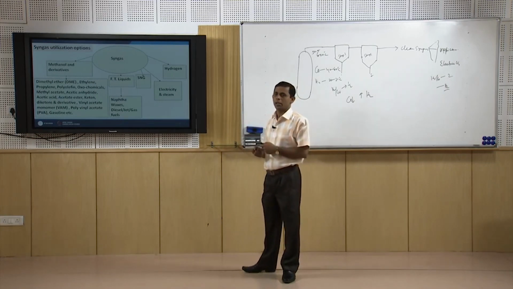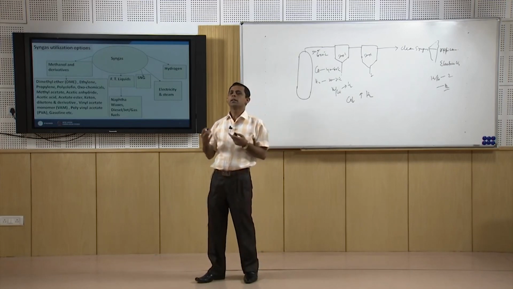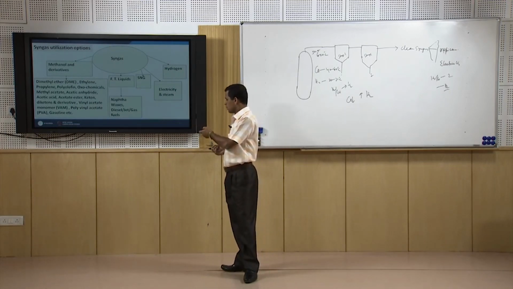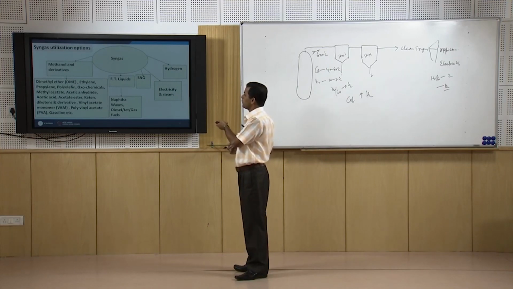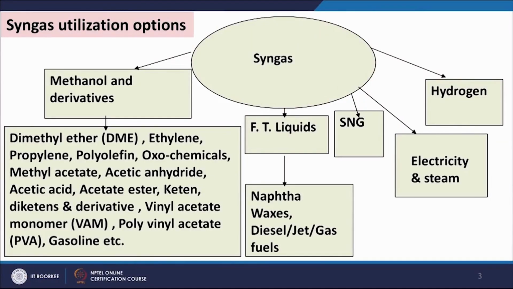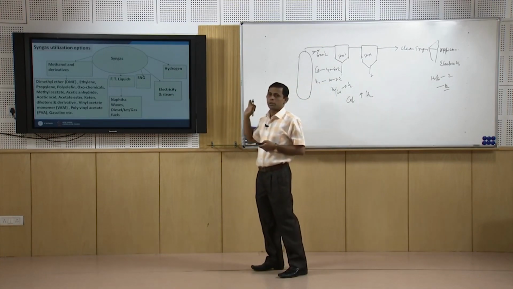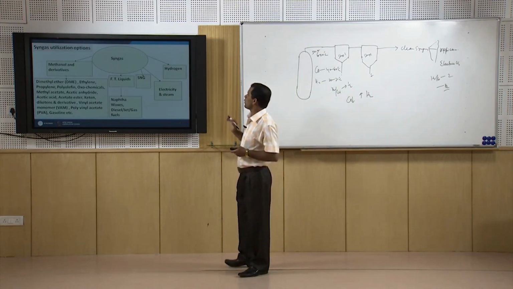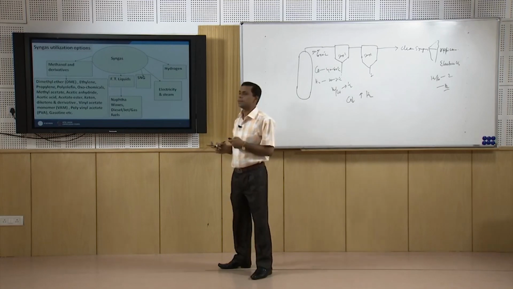Methanol can be converted to DME and to many other chemicals, some of which are mentioned here, like ethylene, propylene, polyolefin, oxochemicals, methyl acetate, acetic anhydride etc. So, we can utilize syngas in different routes. We will be discussing some important routes here like electricity, SNG, hydrogen, FT and methanol synthesis and DME synthesis.